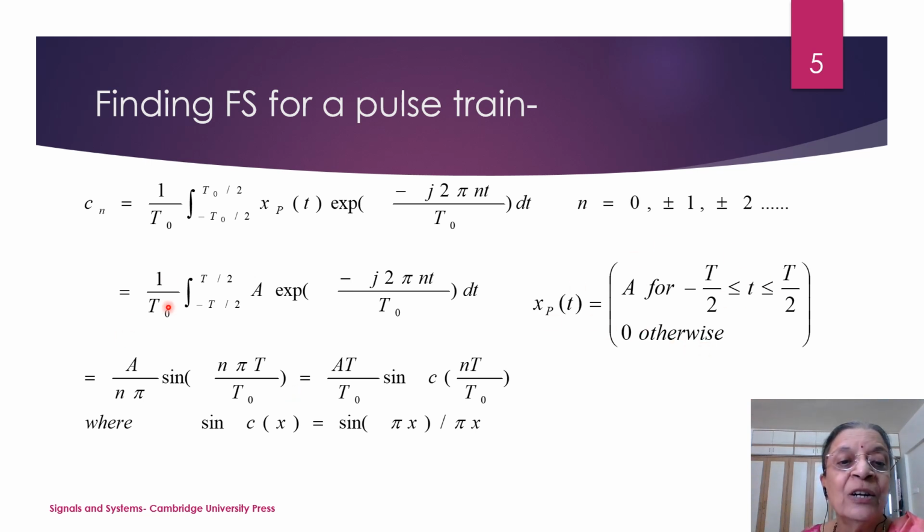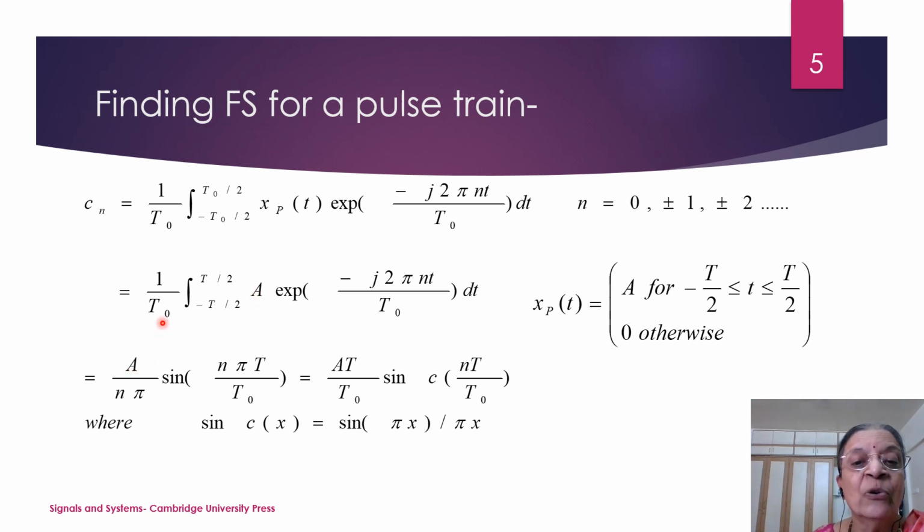So when we integrate over the one complete period, 1 upon T0 integration, the integration will be replaced from minus T by 2 to plus T by 2, because this is the pulse width. And xp(t) is constant equal to A. So in place of xp(t), I write A times e raised to minus j 2 pi n t upon capital T0 dt. Now this A will come out obviously.